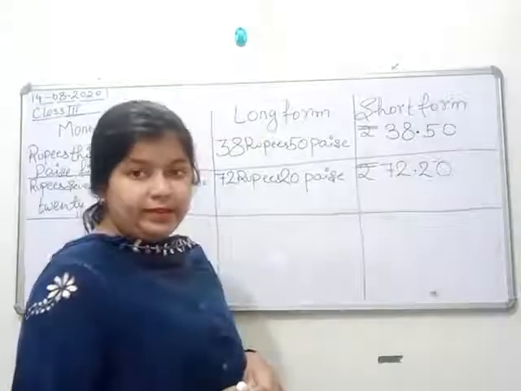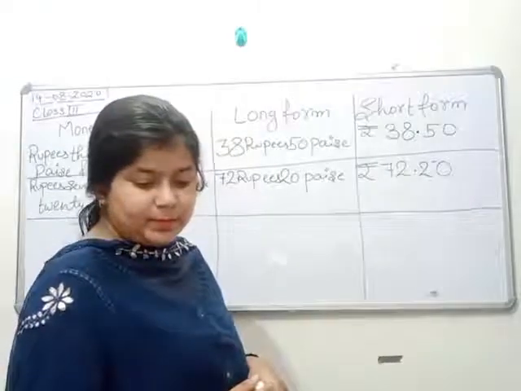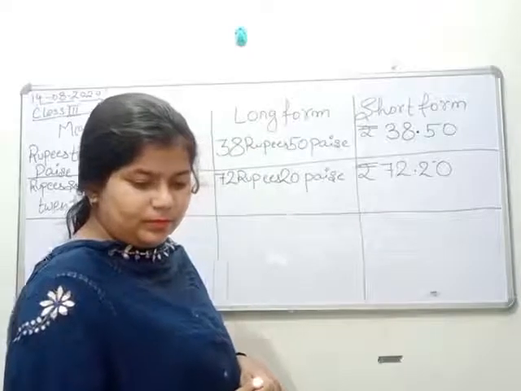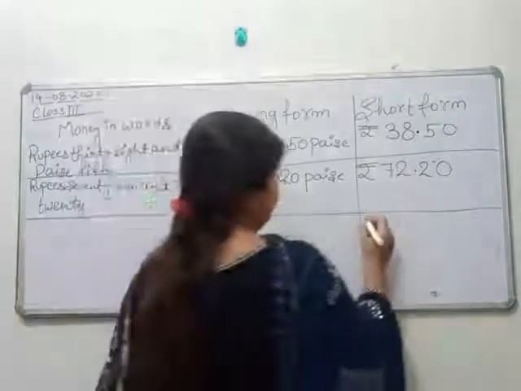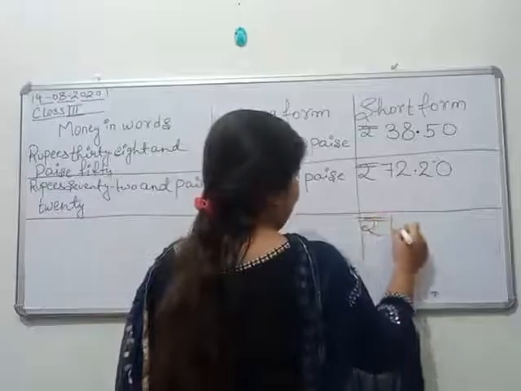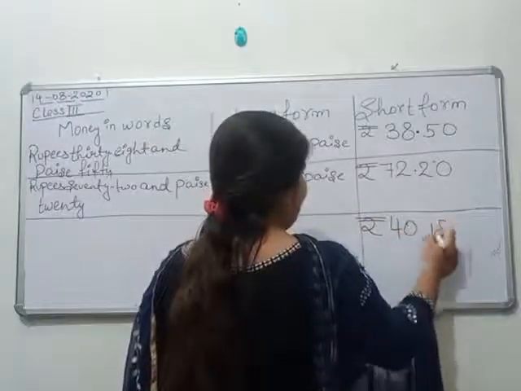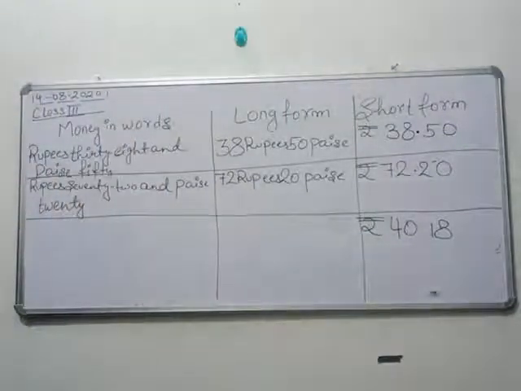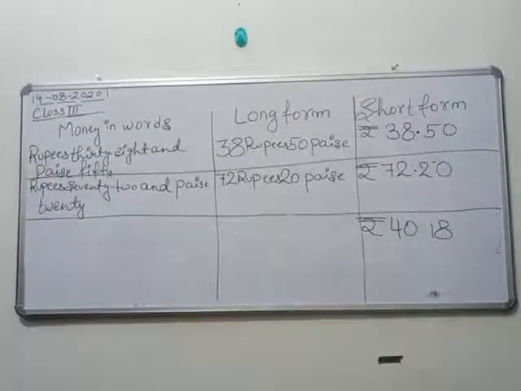Okay, next question is this: 40.18. Come on, write the following in long form and in words. That is 40 rupees and 18 paise.